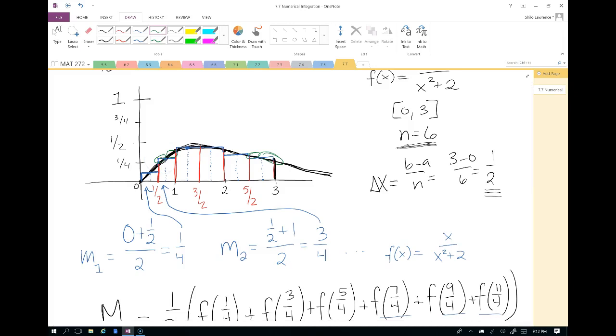And those rectangles will get skinnier if the number of subintervals that we use gets larger and larger. So if I was to break 0 to 3 up into 100 pieces, there would definitely be less and less overlap outside of the region, or deficit being excluded inside of the region.